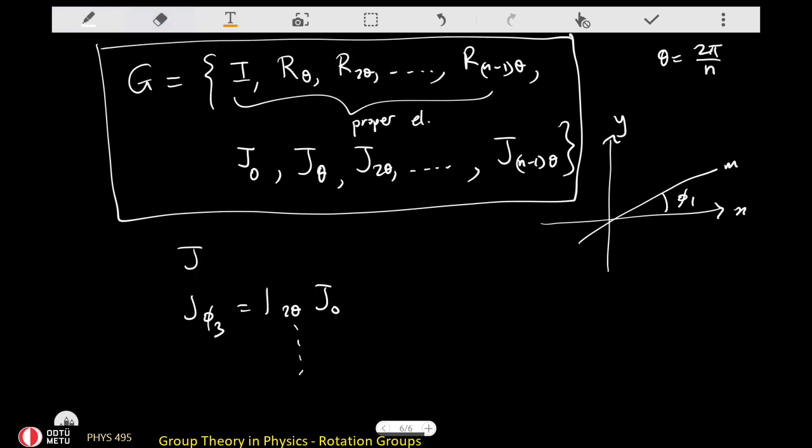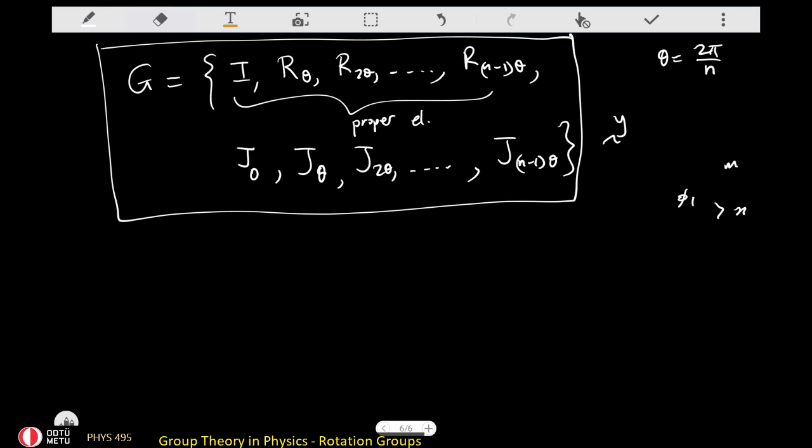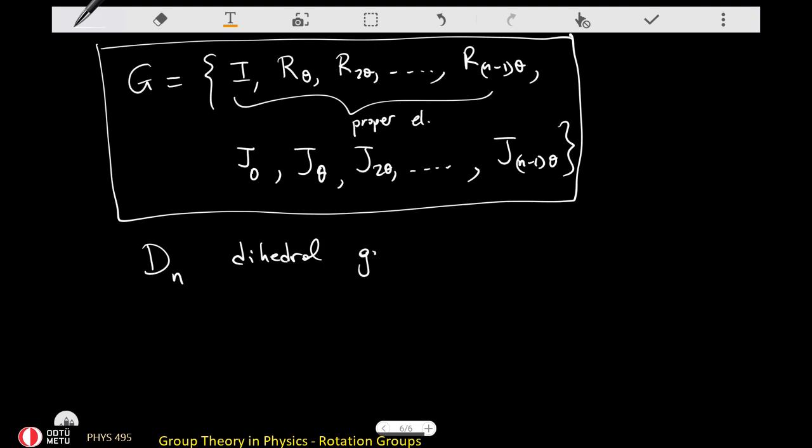Right. So a mathematical description like that is not that helpful actually. But I'm just going to say that this is called the dihedral group. N is a parameter that describes the group, but let's just say that the order of the group Dn is equal to 2n.